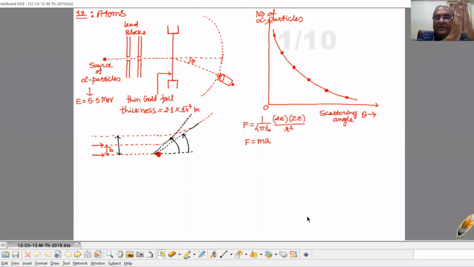And here one can now easily understand this thing. When maximum number of alpha particles scatter at the angle less than 1 degree, it implies that the maximum space in the atom, that is the empty space, right?